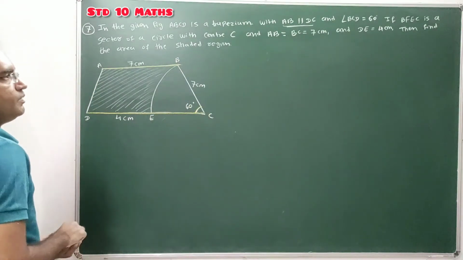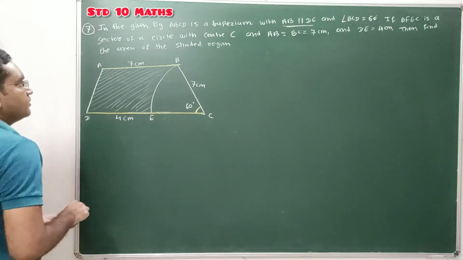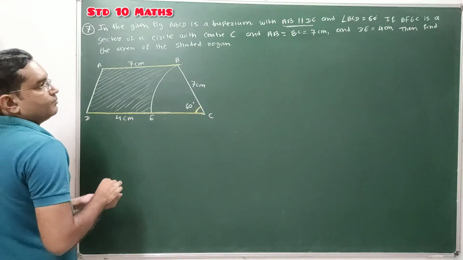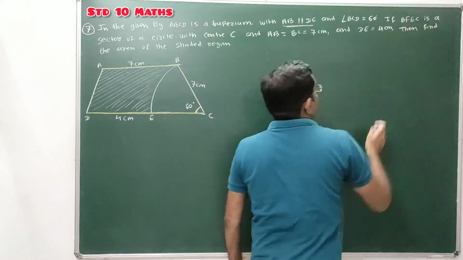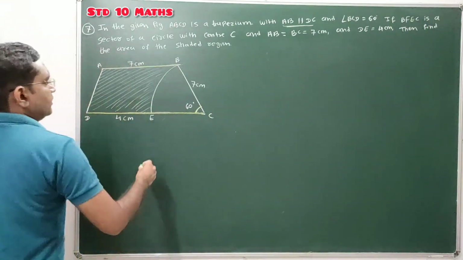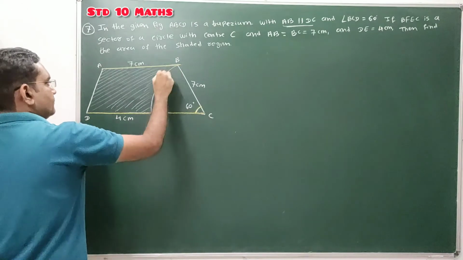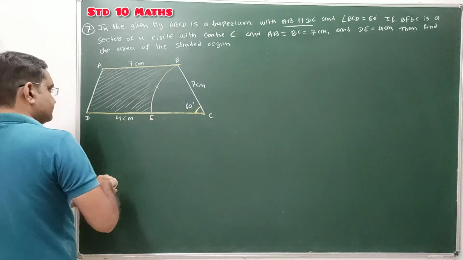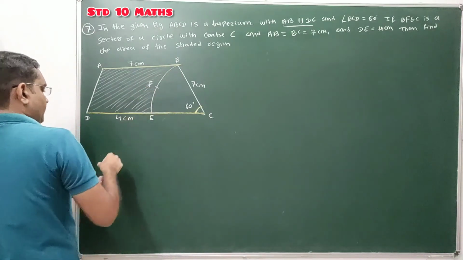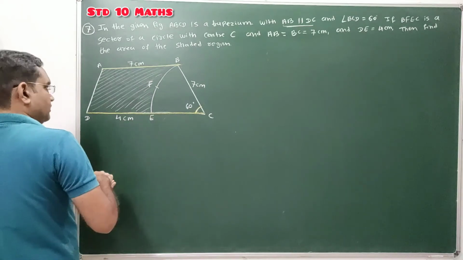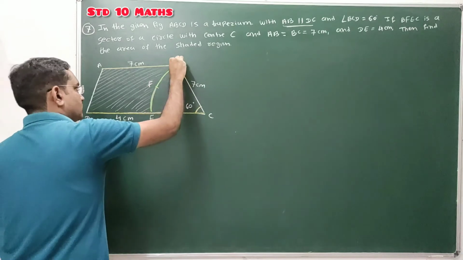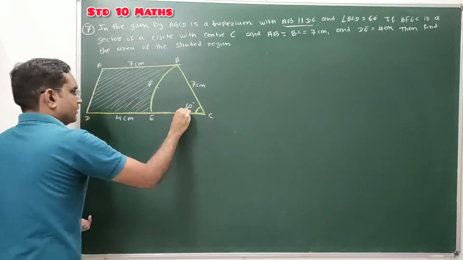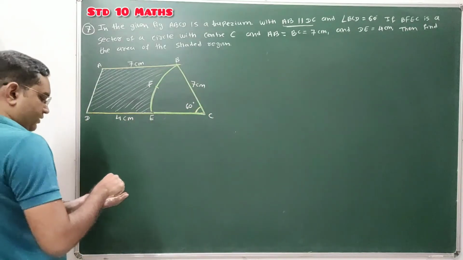If BFEC is the sector of a circle, one point F is over here, this is the sector of a circle with central angle 60 and radius r equal to 7.